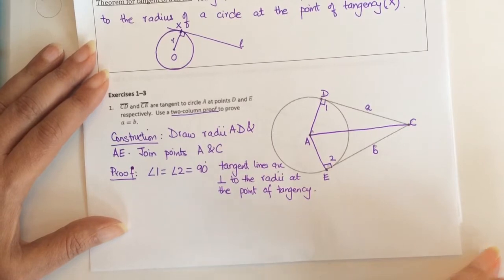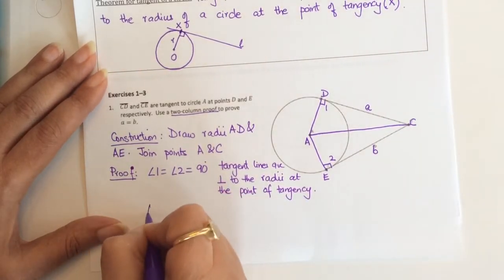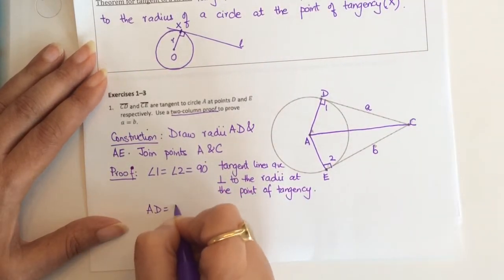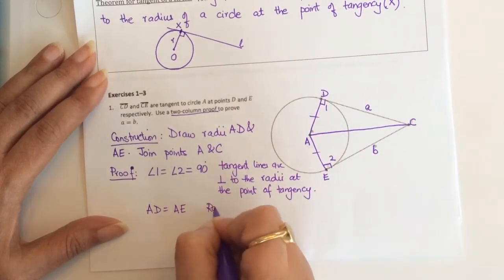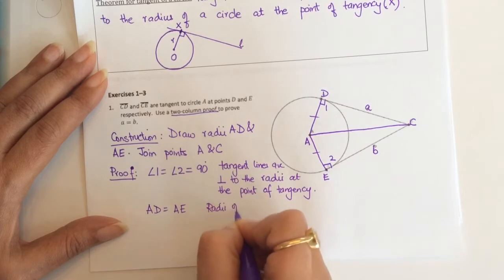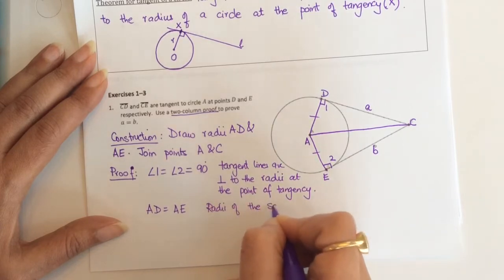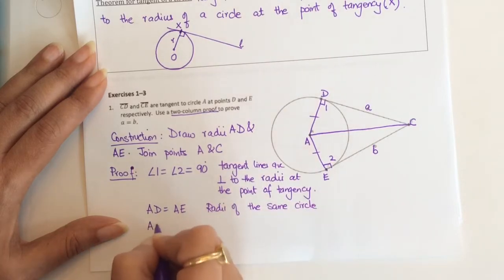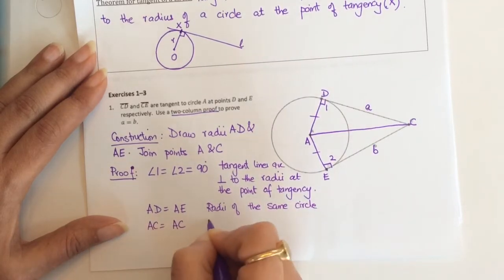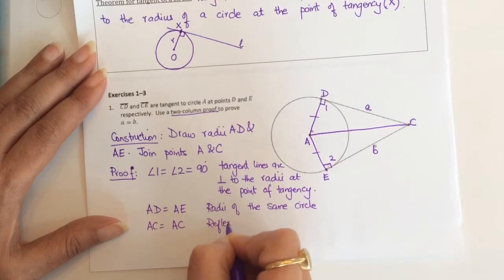Okay. Having said that, I can also say that AD is equal to AE, and that is because they are radii of the same circle. AC is equal to itself because of the reflexive property.